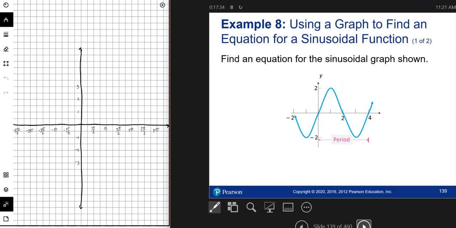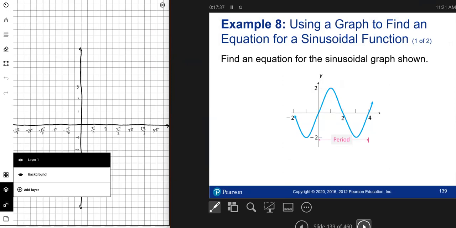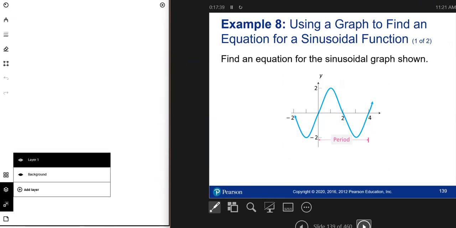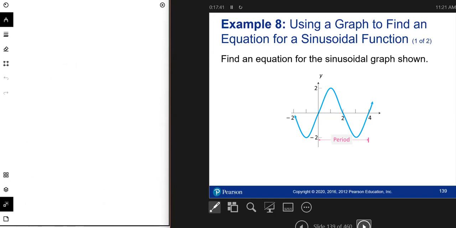All right, so on this one, we want to be able to write an equation for what we have here. Well, if you notice that it goes through one side, it looks like a sine function. So we look at the period here. Well, the period appears to be 4.